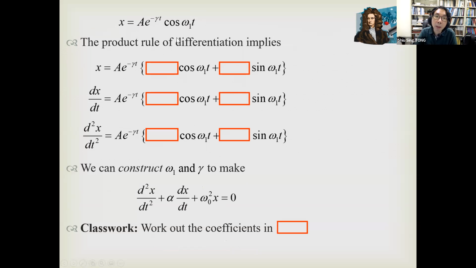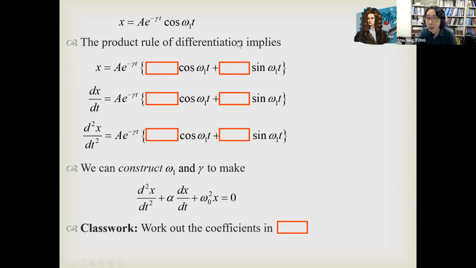Why? Because when I differentiate this, I use the product rule. The product rule consists of differentiating either the exponential function or the cosine. If I differentiate the exponential function, the cosine will be there, right? The exponential function doesn't change apart from a constant. And if I differentiate the cosine, the exponential function of course will be there, but the cosine will change to a sine, with a minus sign.